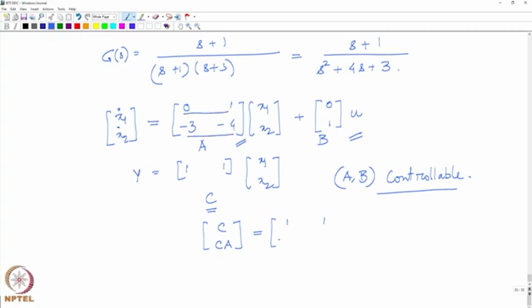And what is that? That is minus 3 and minus 3. You see, this row and this row are dependent on each other. In fact, the second row is just minus 3 times the first row, which means the rank of this matrix is equal to 1. So, the rank is not full, and therefore it is not observable.